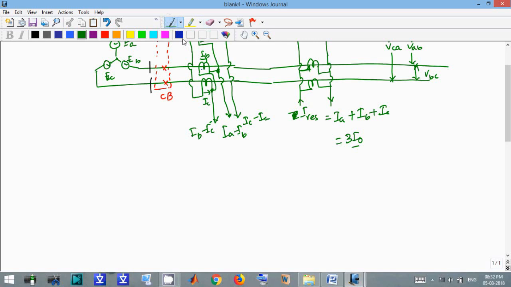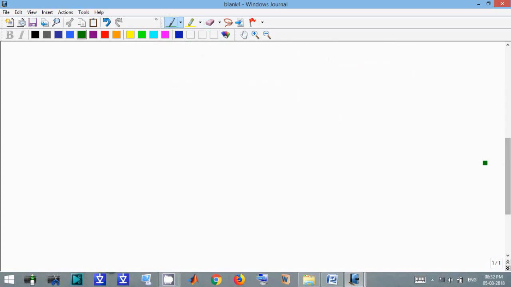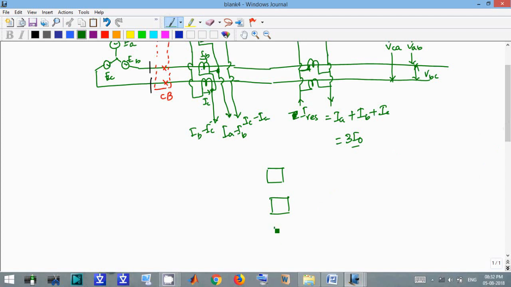So actually the relay control diagram is shown in this figure here. This is our set value of Z. We need to just compare. This is nothing but the comparator.